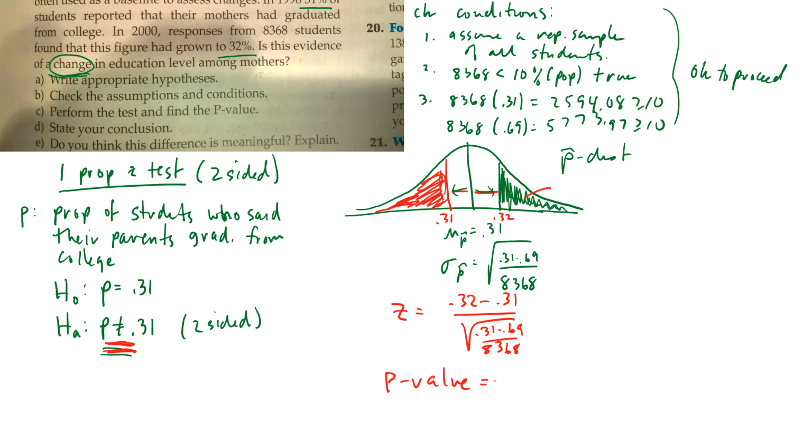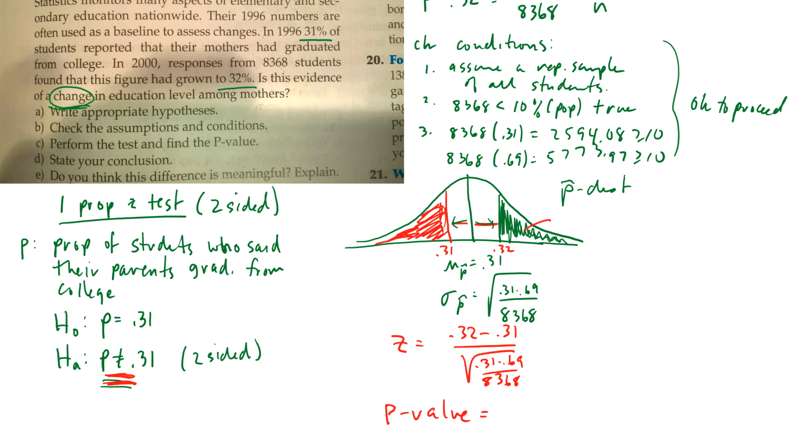And when I do a one prop z-test, I put in 0.31, x was 2678, n was 8368. Proportion not equal to p0, so it has a two-sided in here, so it's going to double the area for me. So I get z is 1.98. That's the z-score for the 0.32.